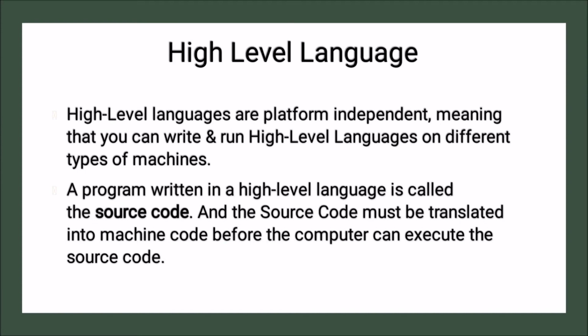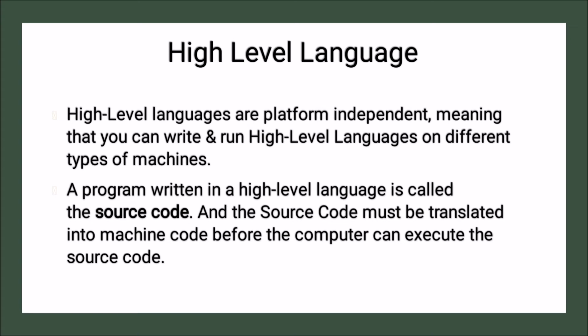Now the next is high level language. High level languages are platform independent, meaning that you can write and run high-level languages on different types of machines. In programming we use high-level languages: C, Java, .NET. These are all high-level languages.